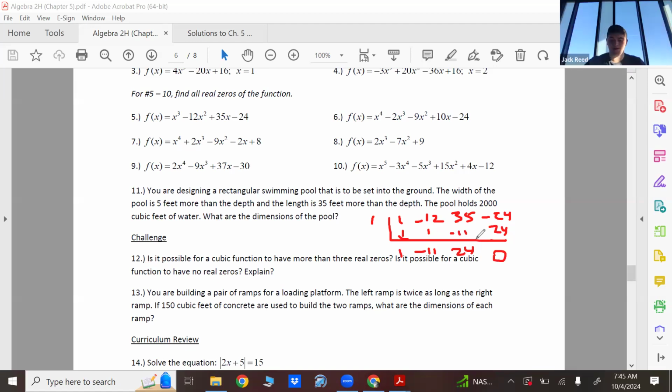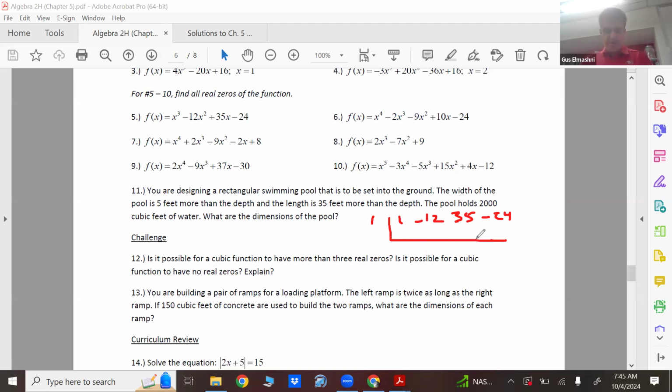That works because you get 0 right there. Okay, how did you do that though? Okay, let's back up. Do you see how I set it up first? Yes. So now you see the setup. What you want to do is bring the 1 down like that. Then what do you think I did next?